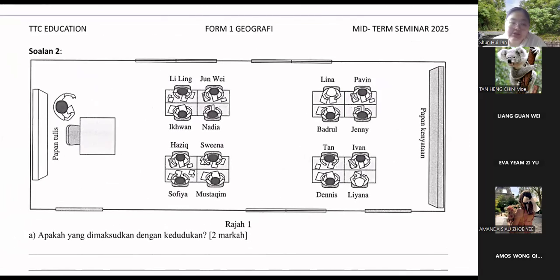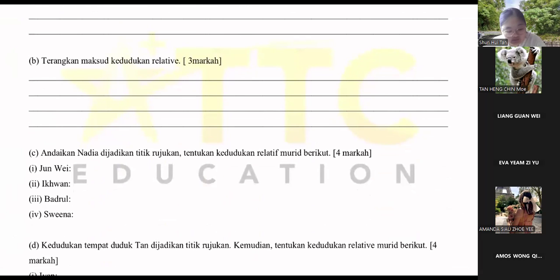They gave you a classroom. They ask you part C. Andaikan media menjadi titik rujukan, tentukan kedudukan relatif. When they say kedudukan relatif, it means your answer must be kiri, kanan, hadapan or belakang.